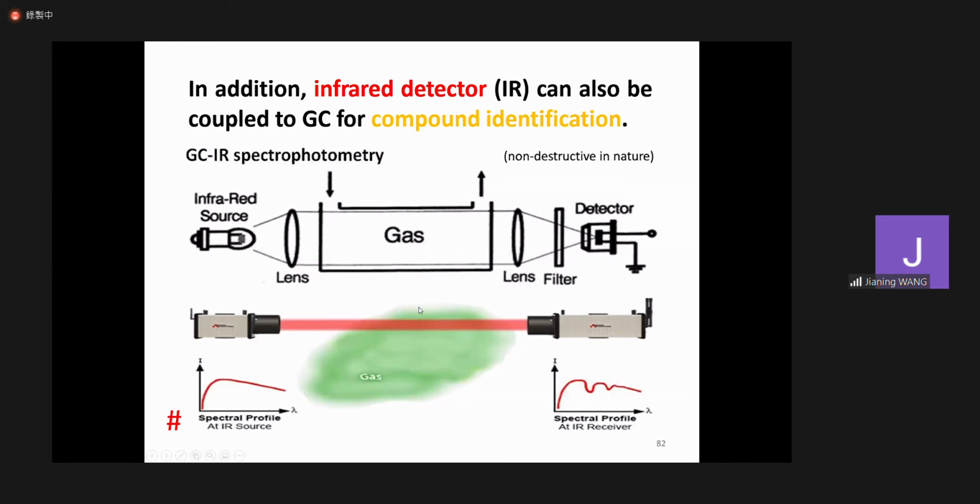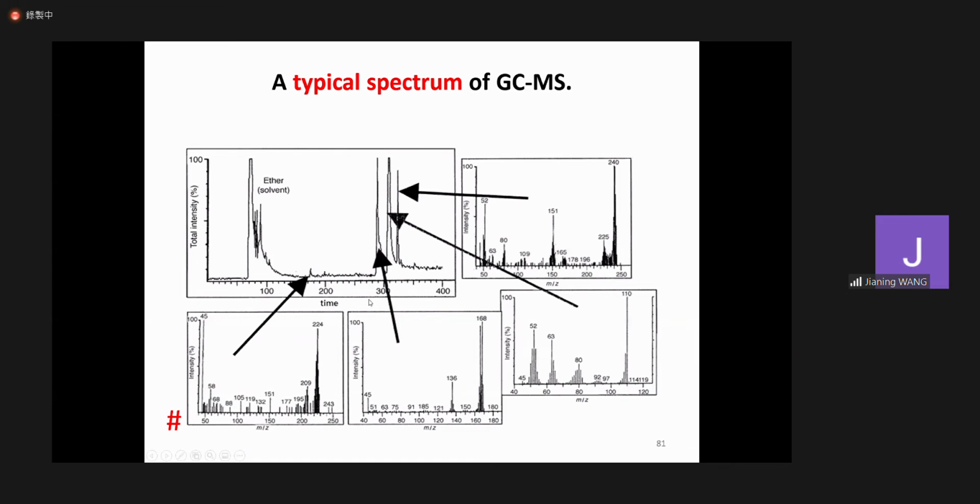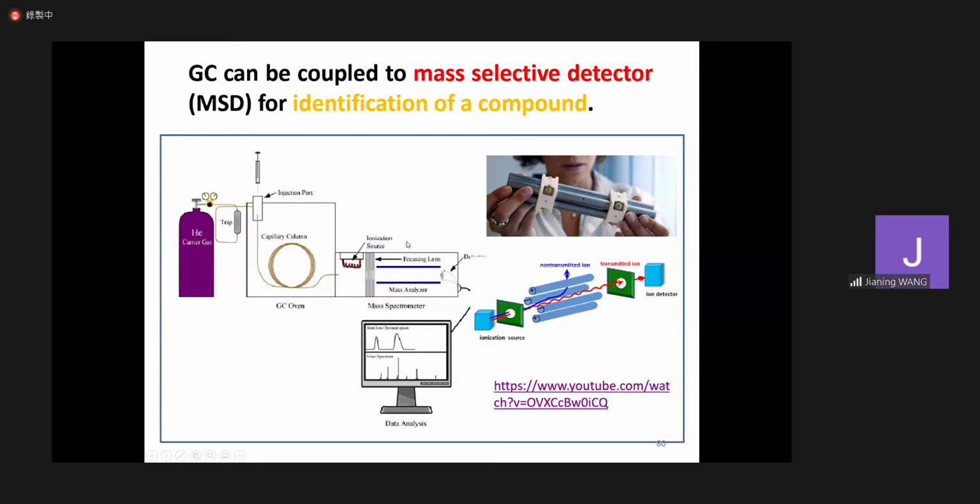And I should say the most important, at least for this course, are FID, TCD, ECD, the first three detectors, and the mass spectrometer is the most potent part of the detectors.